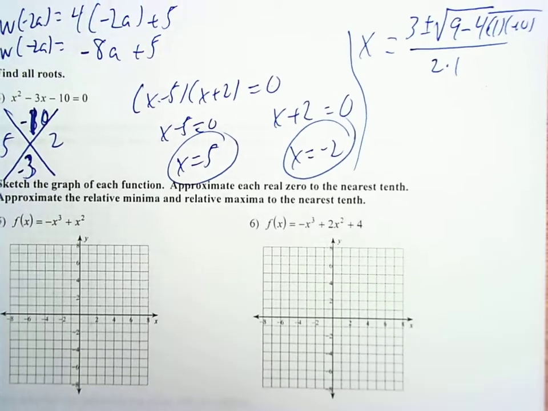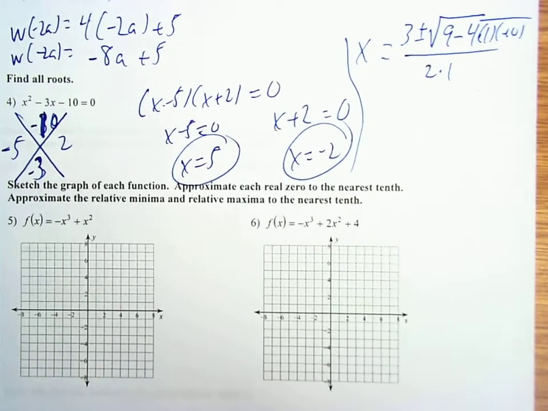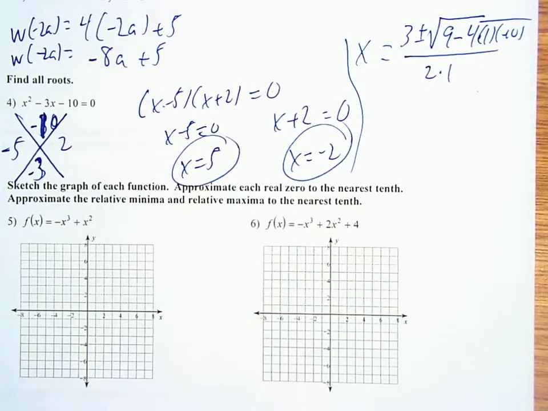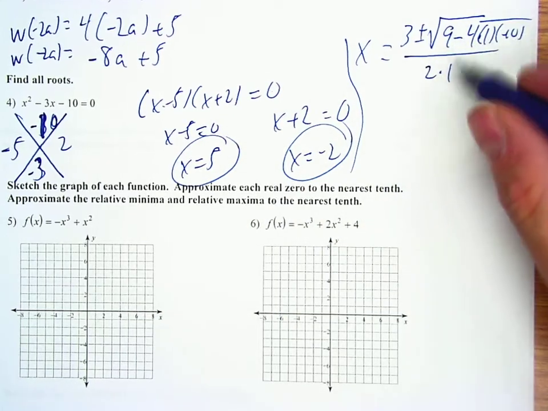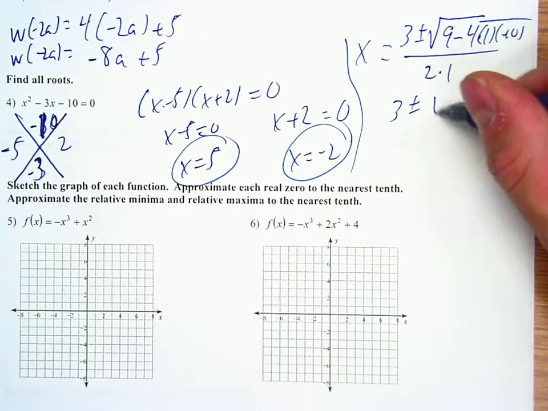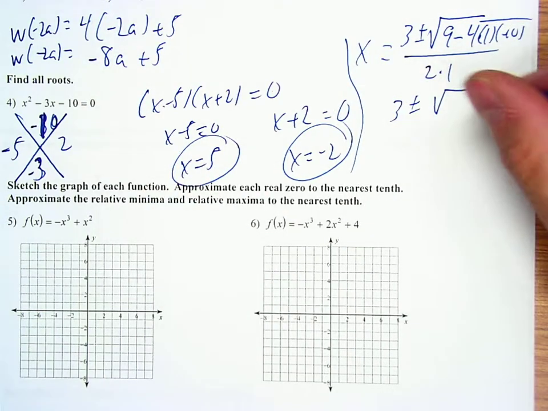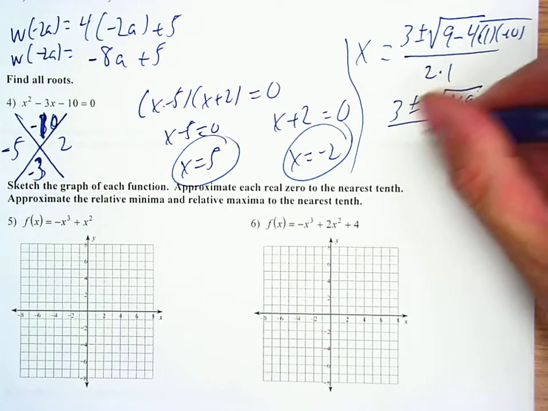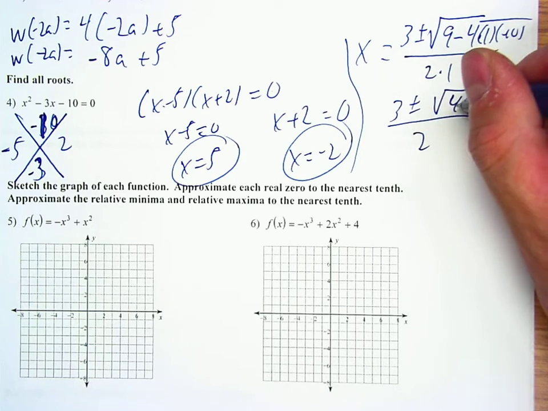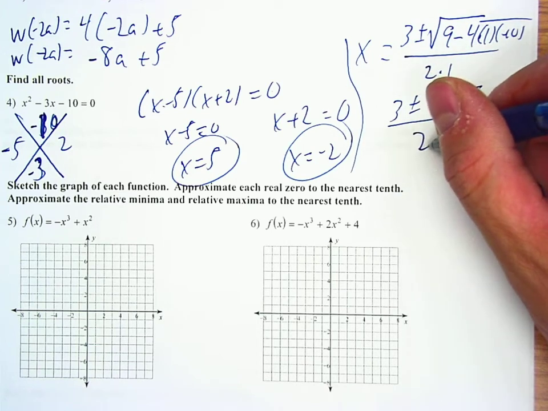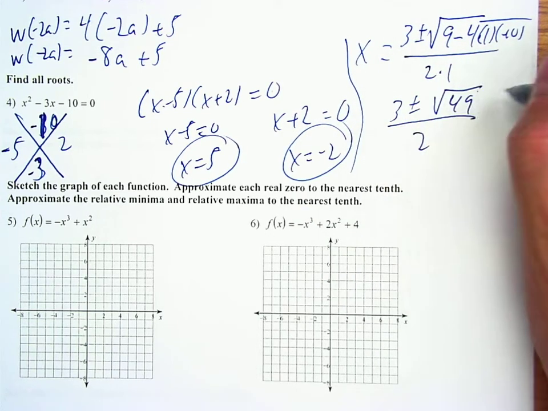And then I'd evaluate underneath this root. So this would be 3 plus or minus the square root of 49, divided by 2. All right, so 3 plus 7, 10 divided by 2 is 5. And then 3 minus 7, negative 4 divided by 2, negative 2.